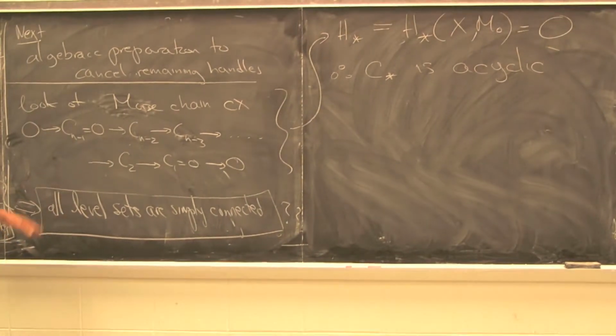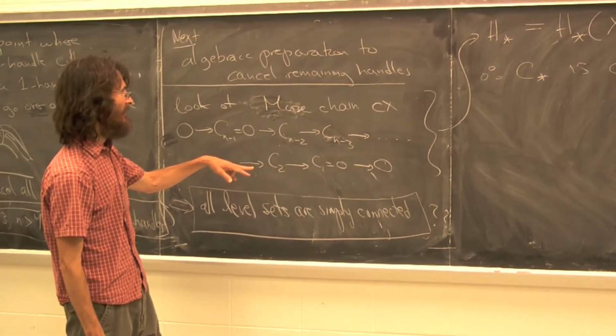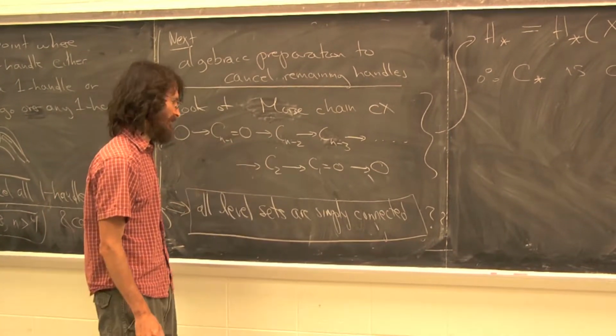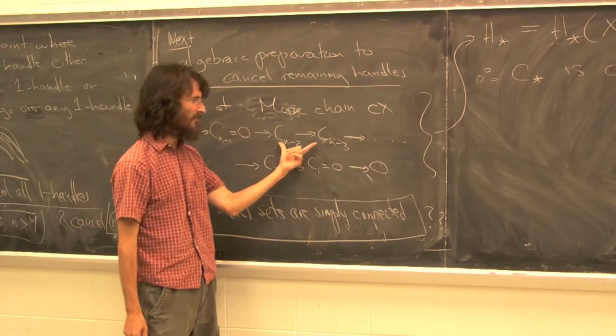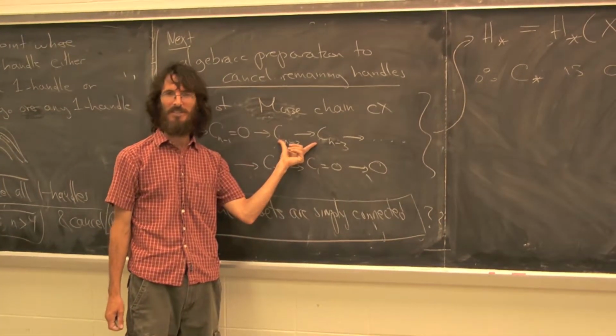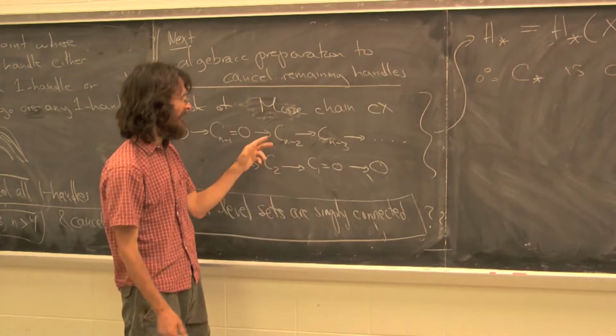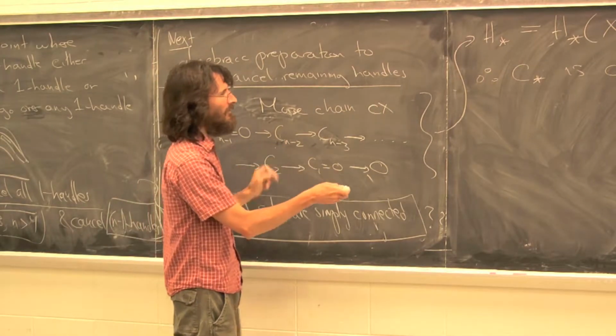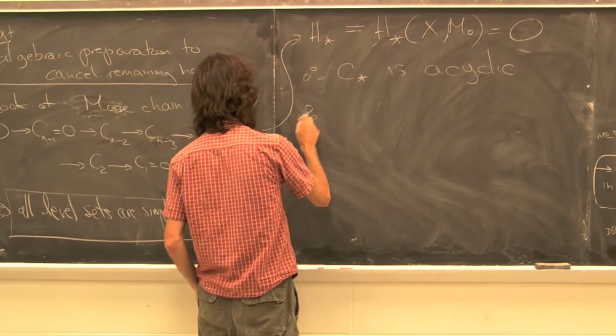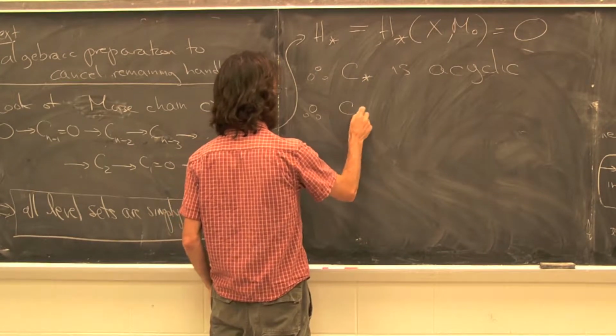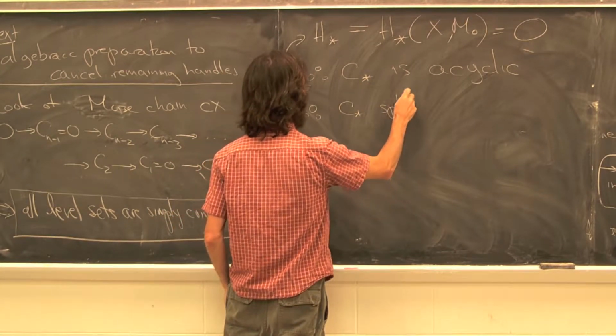And there's a nice thing about acyclic chain complexes, which is that you can split them up in a very simple way. Therefore C star splits in the following way.